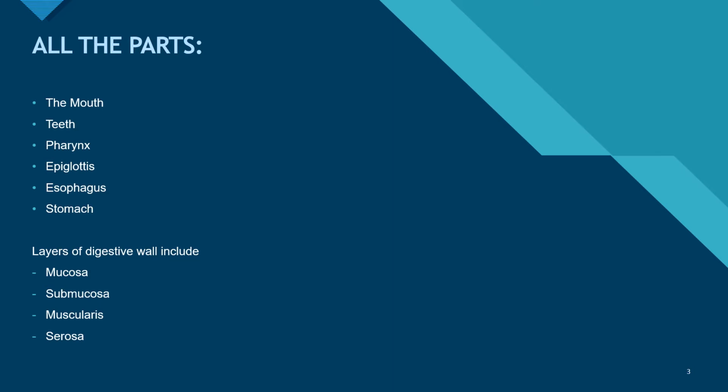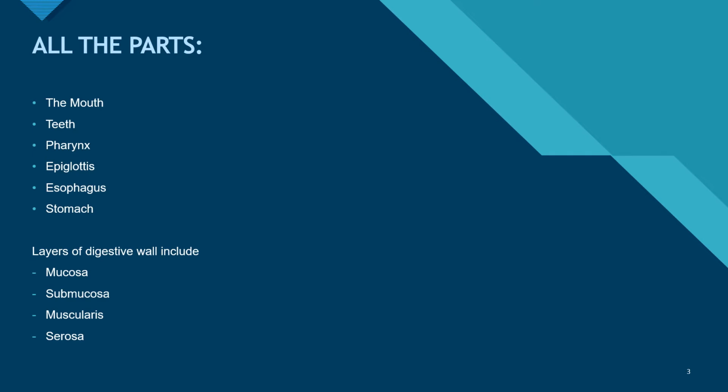Then we have the pharynx, which is the region that receives food from the mouth. And remember, we also saw this in the respiratory system. It's connected to the trachea and the epiglottis. Speaking of the epiglottis, it is sort of the flap that allows for food to be sorted, to make sure that food doesn't go down your windpipe and that it enters the esophagus properly.